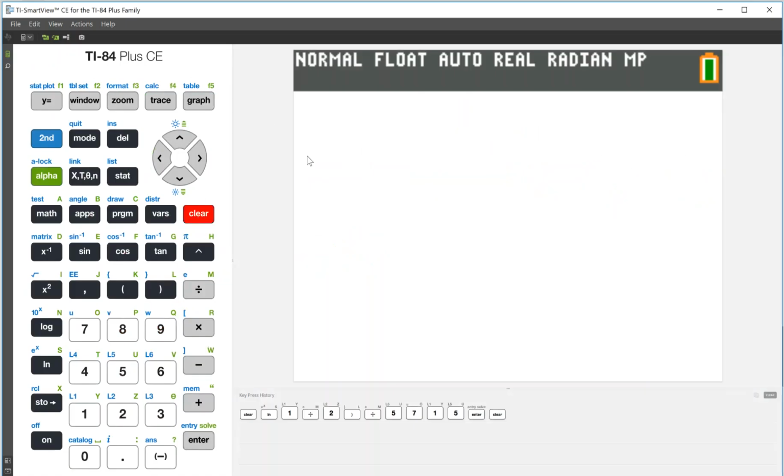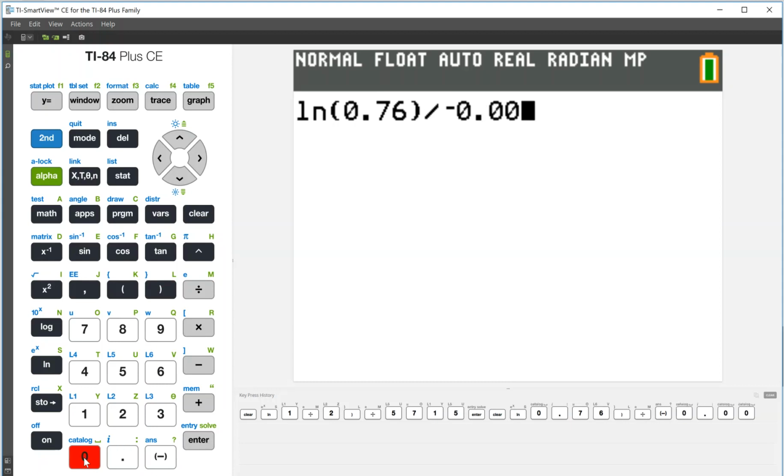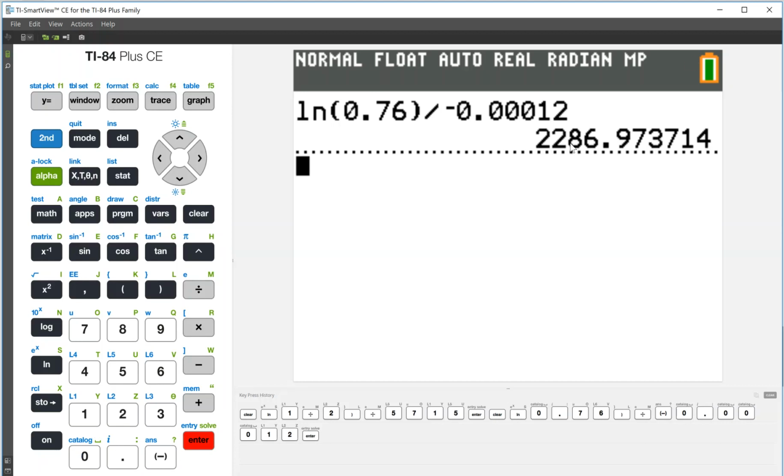So if we clear that, let's say the natural log of 0.76, parenthesis, divided by negative 0.00012. 2,286.9. So 2,286.9 years.